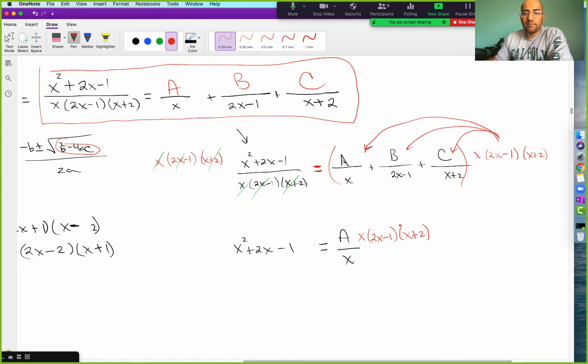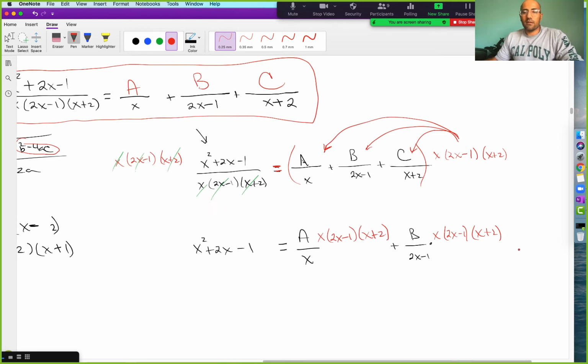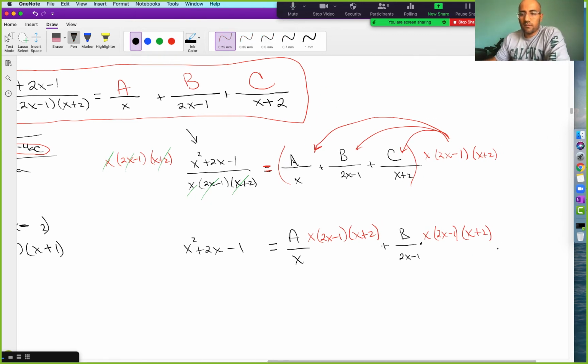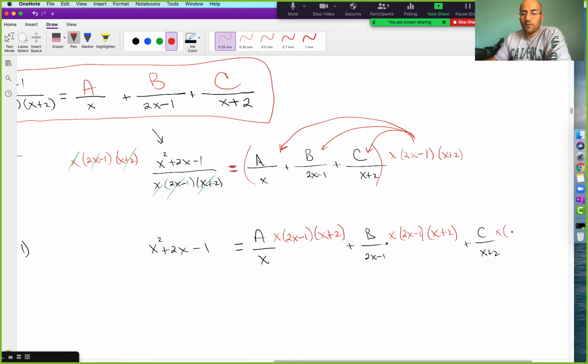So all 3 terms times that one, plus b over 2x minus 1 times, and then all 3 terms times this one, x, 2x minus 1, x plus 2, and then plus c over x plus 2, and then all 3 terms times this last one, 2x minus 1, x plus 2.